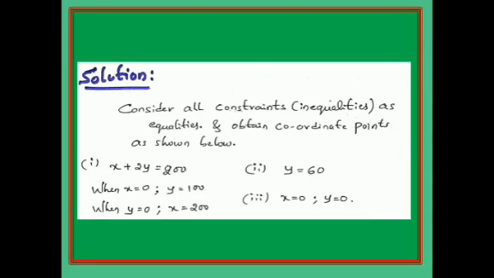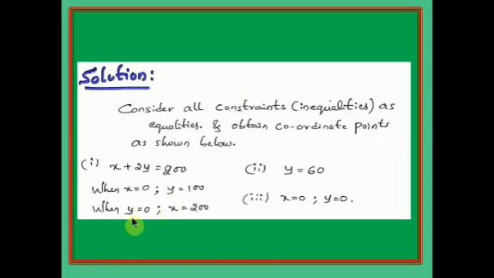Instead of taking 10 units, it can be taken as 20 units. If you take 20 units for x-axis 1 centimeter, within 10 centimeters the work will be over. So better in that way, considering the axis scale.